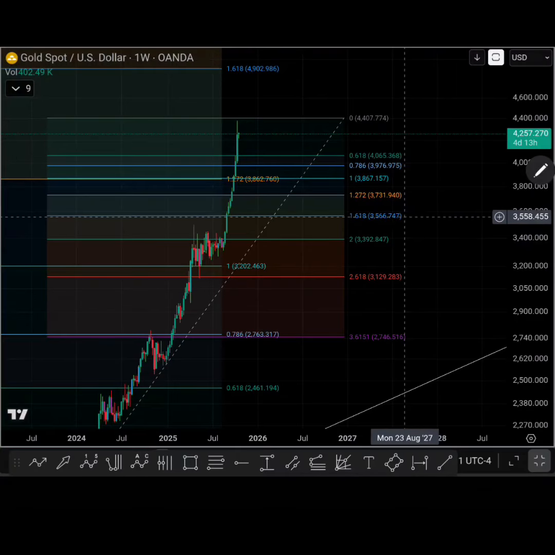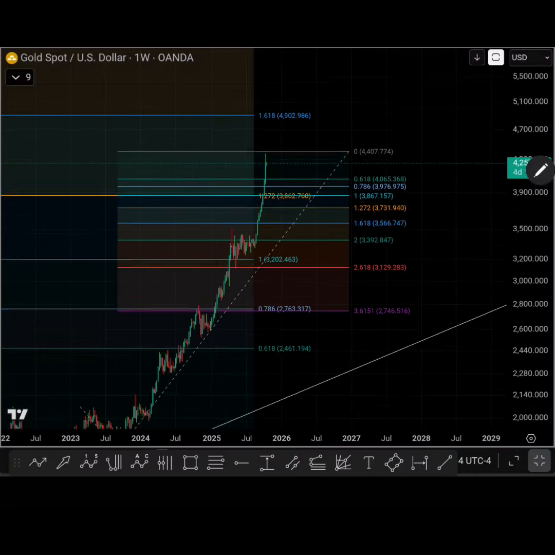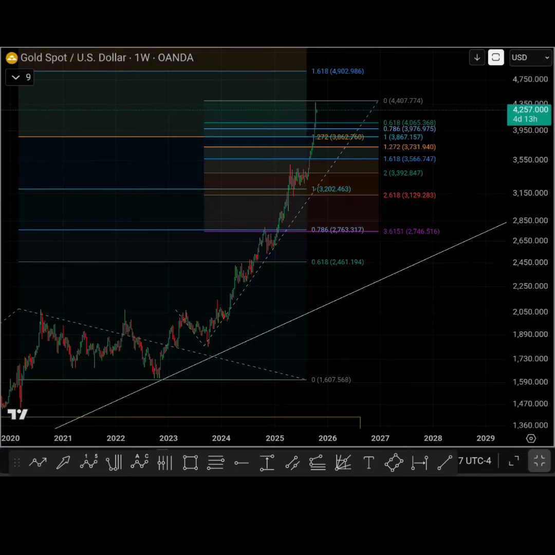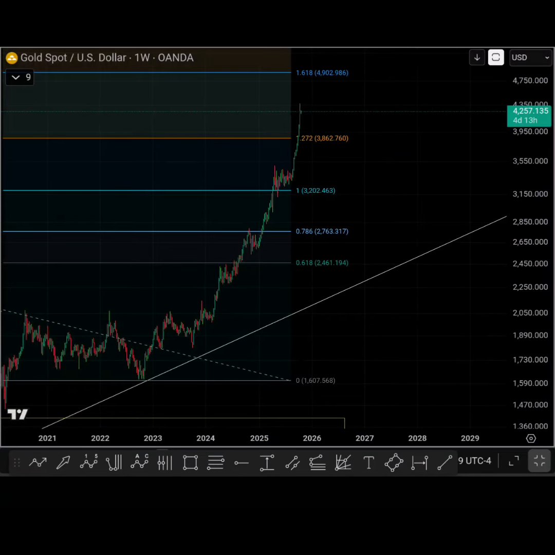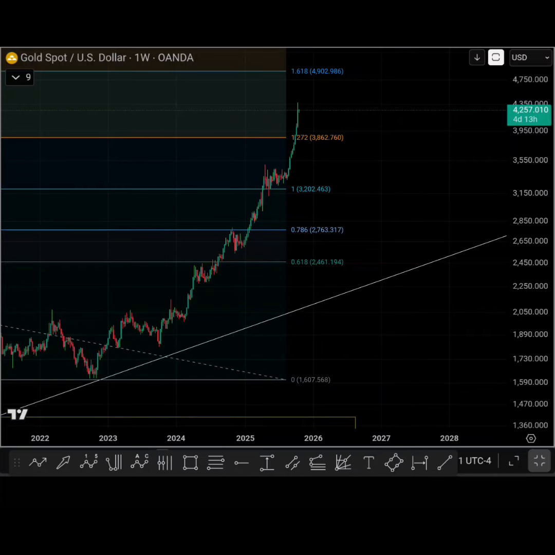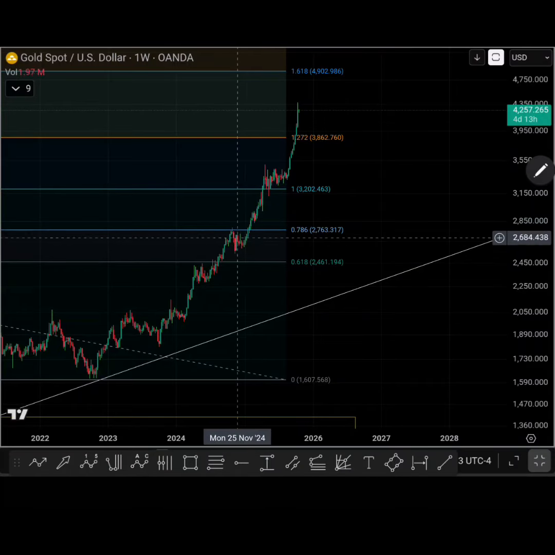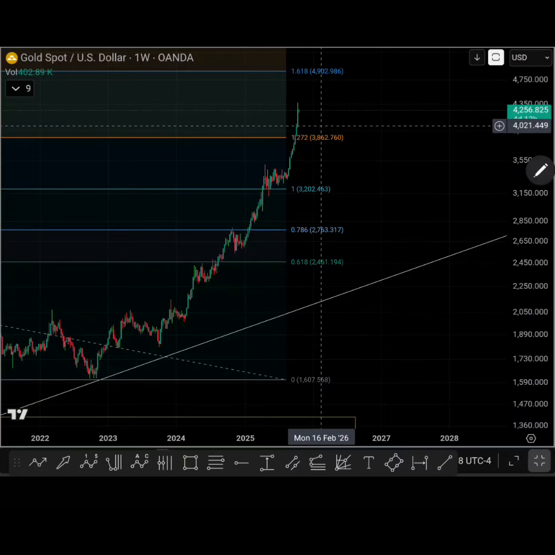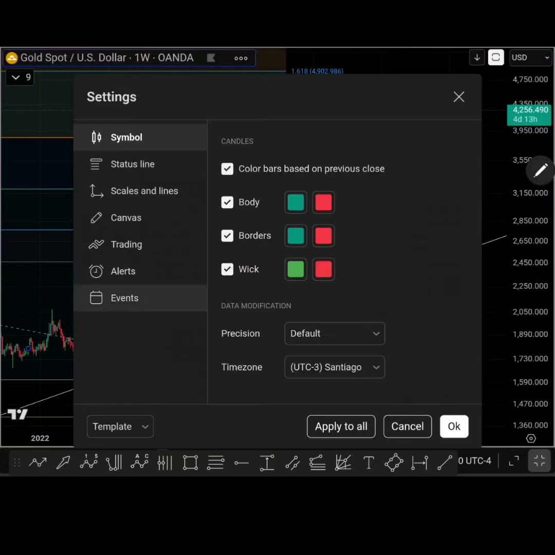Invalidation at basically 3,500. You don't want to see price below 3,500 to reach that 5,000 target. If price does not get below 4,000, then you may only be repeating this little small leg right here. This is your ABC. And you've still got a long way to go.